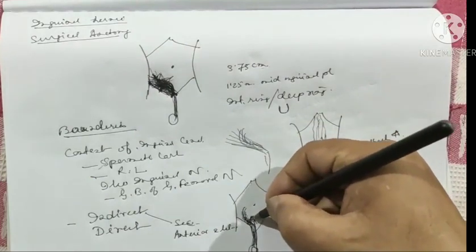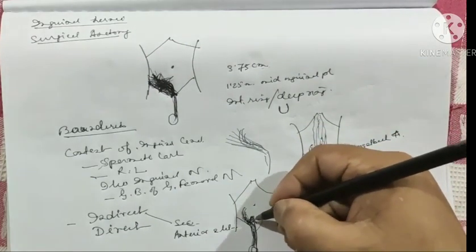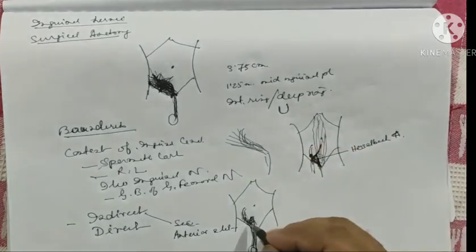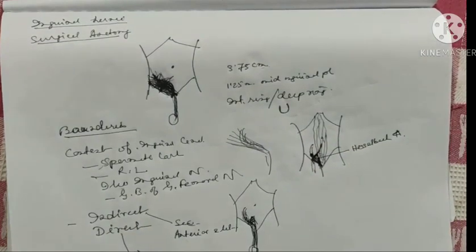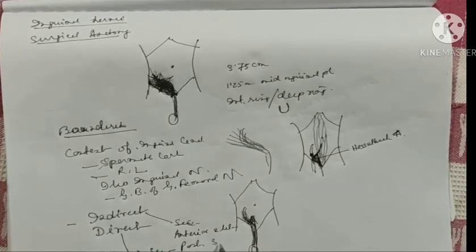So the floor defect will be in Hesselbach's triangle. So that sac will be posterior to the spermatic cord. So in case of a direct hernia, the sac will be posterior to the spermatic cord.